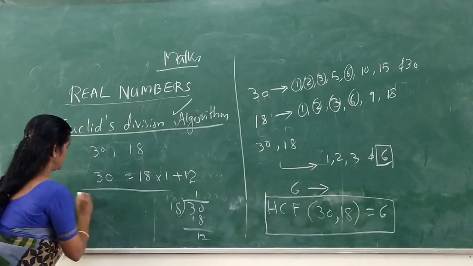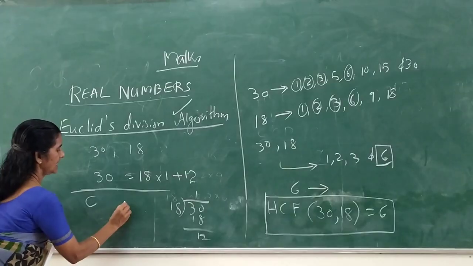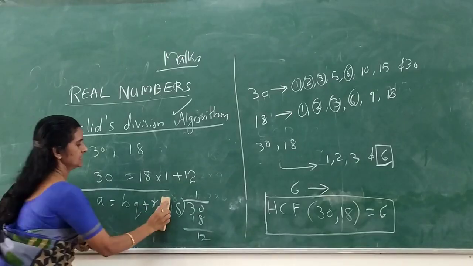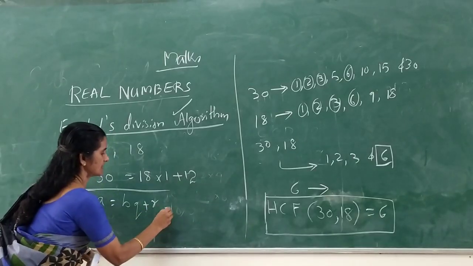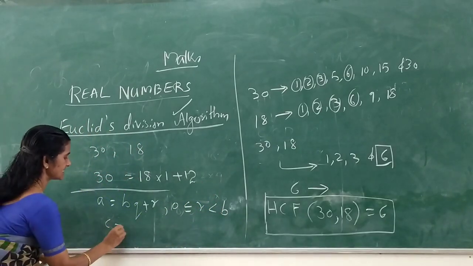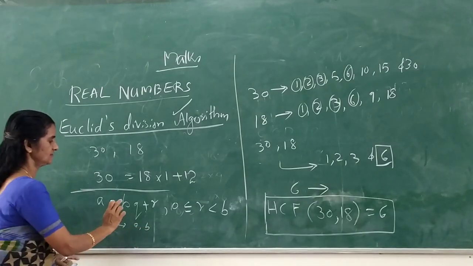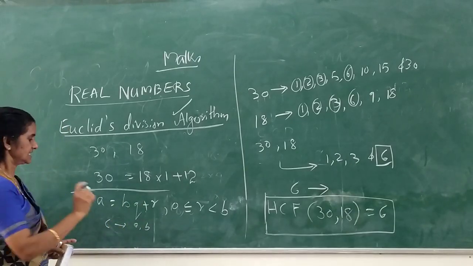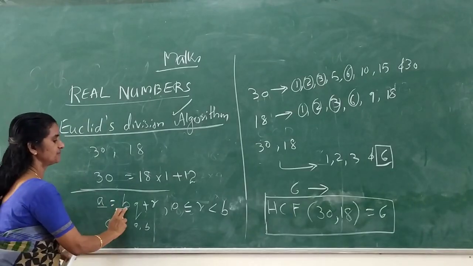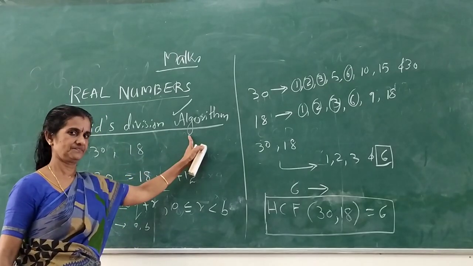So, we can say if C is a common factor of A and B, in the representation A is equal to BQ plus R, where 0 is less than or equal to R less than B, then C is also a common factor of B and R. This research has its application in Euclid's division algorithm.